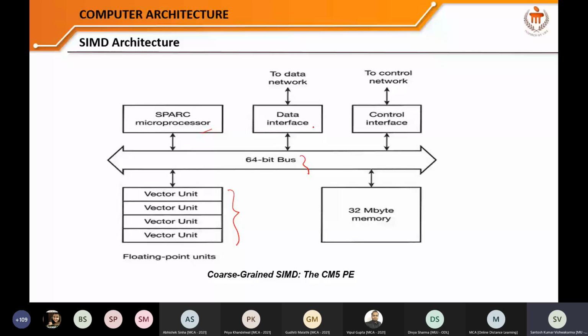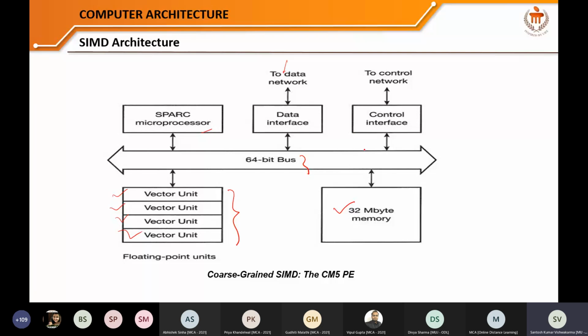Here we are taking 32 MB memory. So what is the logic? If you are going to work with floating point numbers, because it requires a large array of computations on numbers, we have different vector units available over here, connected through a common 64-bit bus, which is interlinked with the microprocessors, with the data interface and the control interface.